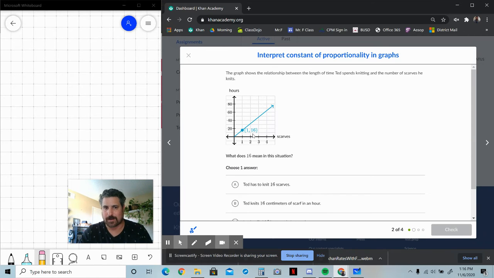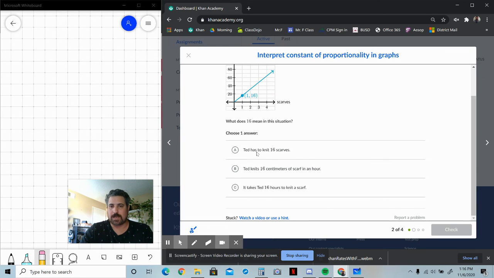So what does 16 mean in this situation? It means that it takes him 16 hours to knit one scarf. The x stands for the scarves, the y stands for the hours. So 1, 16 means he can make one scarf, and it takes him 16 hours to make that one scarf.